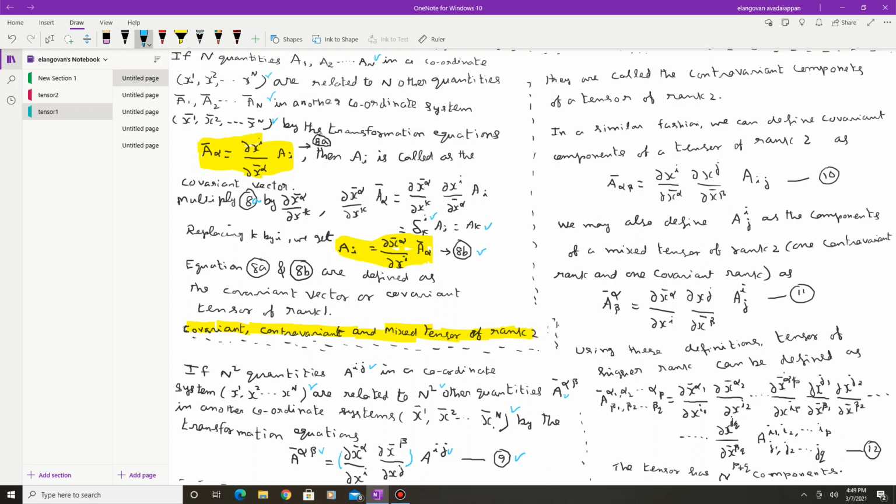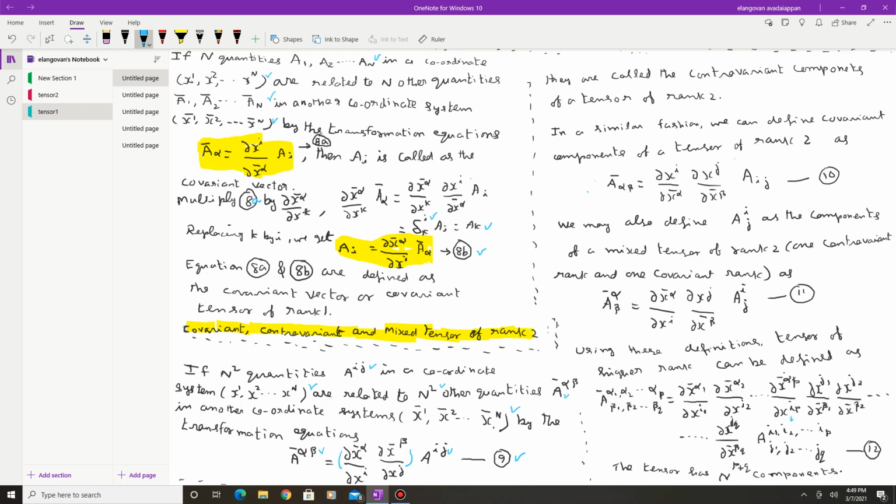Now similarly, we define the covariant components of a tensor of rank 2. In a covariant tensor, the transformation relation is different. Let us take equation 10.